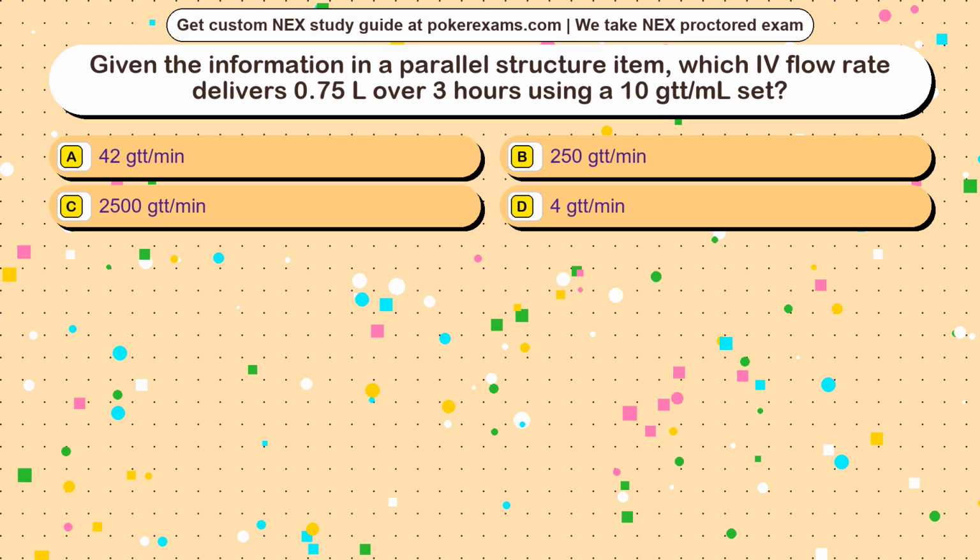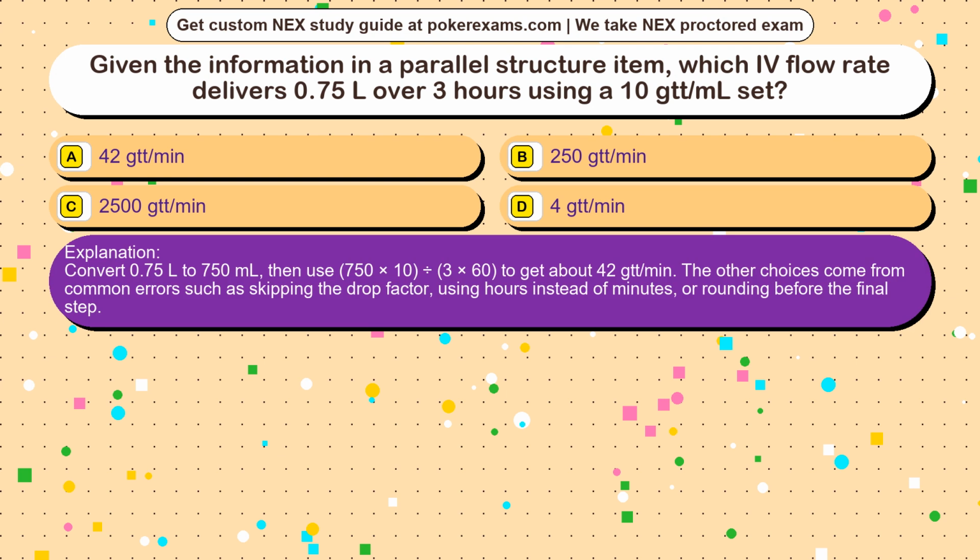The correct answer is option. Convert 0.75 L to 750 ml, then use 750 times 10 divided by 3 times 60 to get about 42 GTT/min. The other choices come from common errors such as skipping the drop factor, using hours instead of minutes, or rounding before the final step.